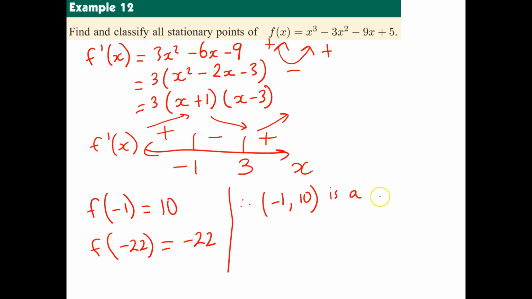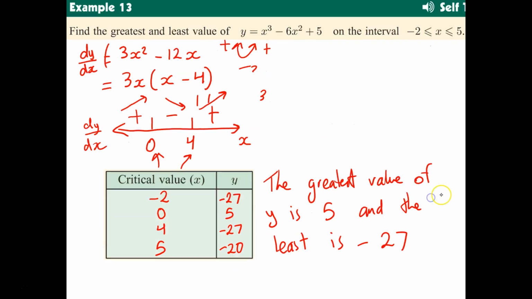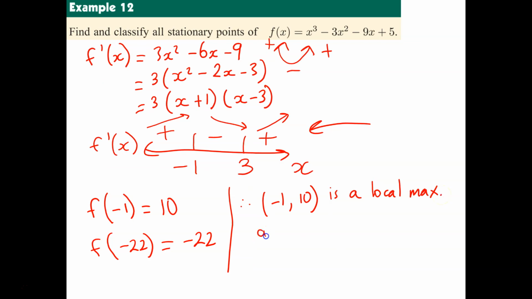Look at the sign diagram. It's a local maximum. And 3, -22 is a local minimum.